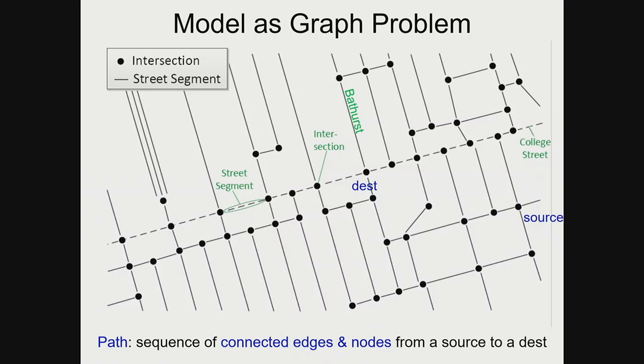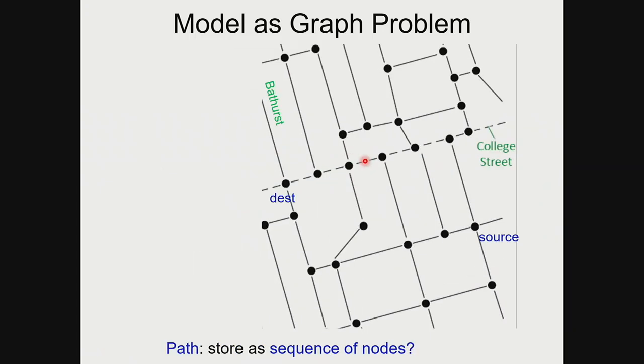In our algorithm, we are given one node in the graph, which is the source, and another node, which is the destination, and we're trying to find the path. What is a path here? It's a sequence of connected edges, or connected street segments, and nodes from source to destination. In this case there are multiple ways to do this. You can go this way with the red, or you can go left and then go north. But how do we store the path?